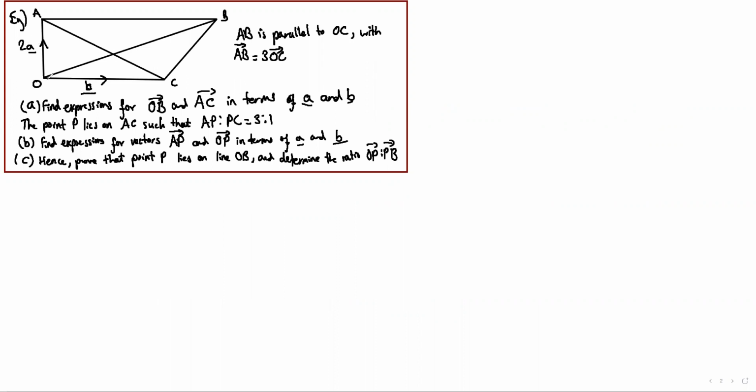So first off, we know that O to A is equal to 2A. And we know that O to C is equal to B. We know that AB is parallel to OC. So in fact, we can draw these in.